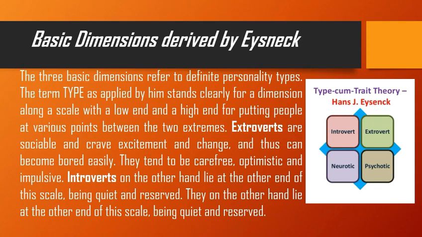In the first dimension, that is introversion-extroversion, he includes highly extrovert people at one end and highly introvert people at the other end, with different characteristics. The extroverts are social, outgoing, impulsive, and the introverts are recognized as quiet, reserved people, disciplined, well-ordered people.